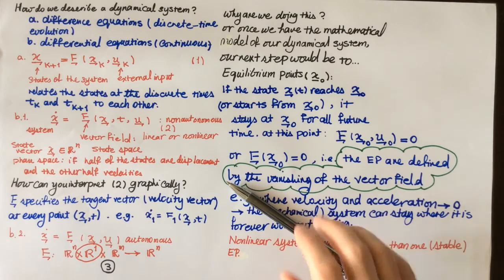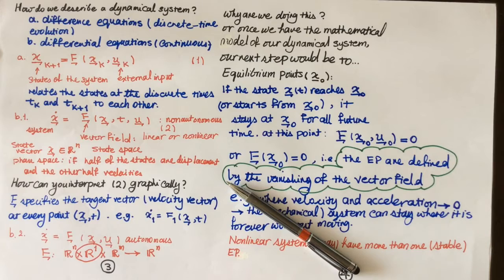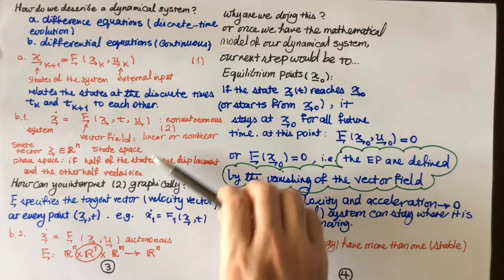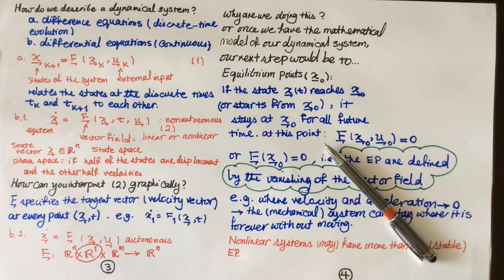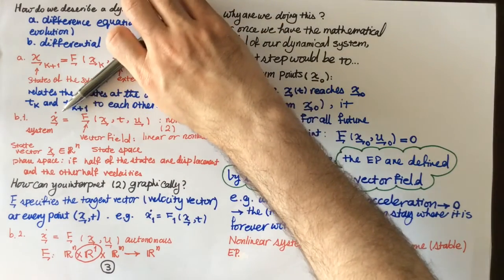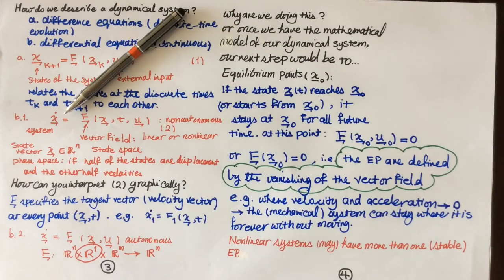And in a separate video, I talked specifically about how we can graphically describe or explain the dynamic system. The thing is, on the left hand side, I have x dot. x dot is my state vector.